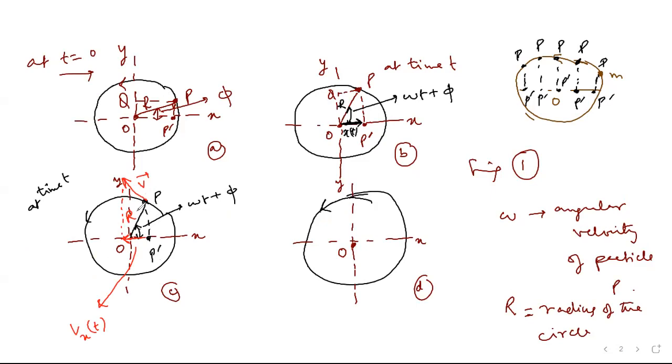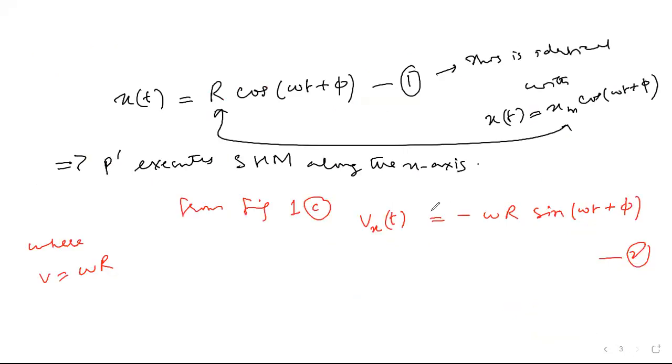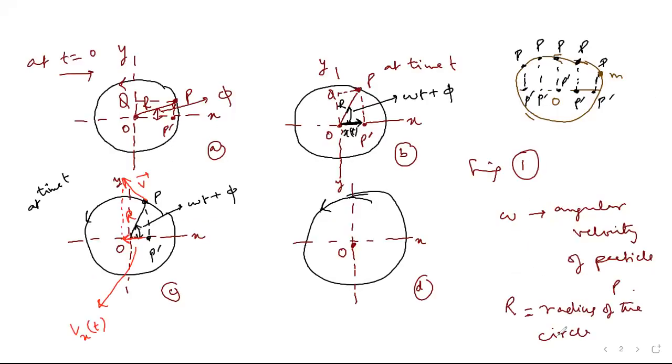So when you find its projection Vx of t, which gives you the velocity of the projection P prime along the x-axis, you will come to know that it is minus omega r sine omega t plus phi. Omega r is evident because it is just V. Sine omega t, negative is because this projection Vx of t is pointing along the negative x direction.